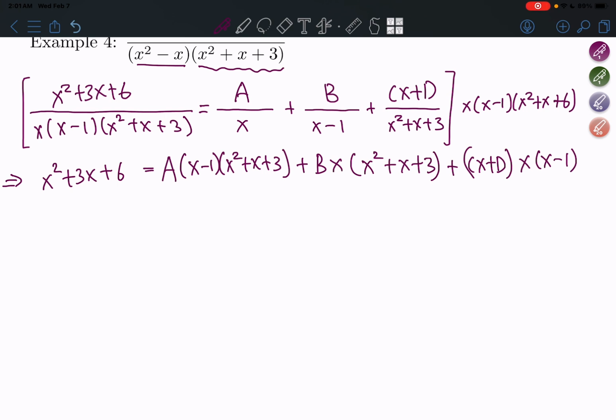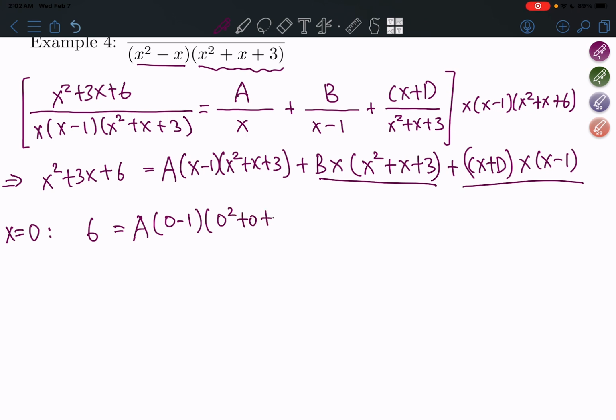The good news here is there are at least 2 values that we can plug in that are fairly strategic. X is equal to 0. Plug that in. Left-hand side gives me 6. The right-hand side, this term goes away, that term goes away. I will just simply have a times 0 minus 1, 0 squared plus 0 plus 3.